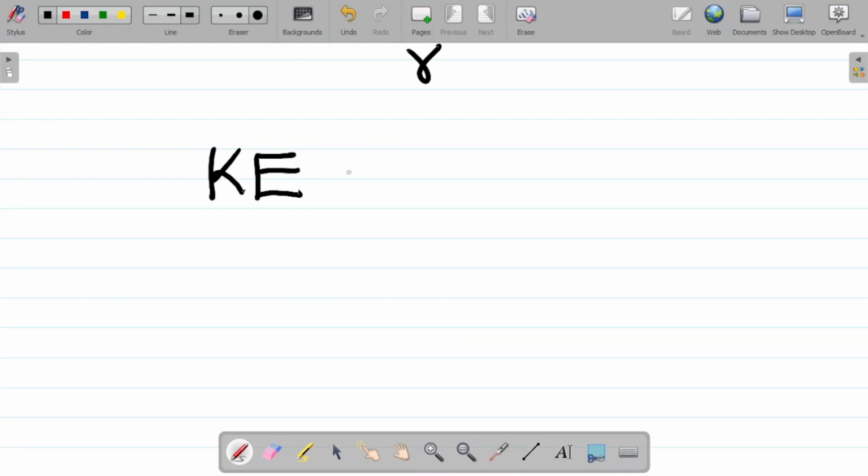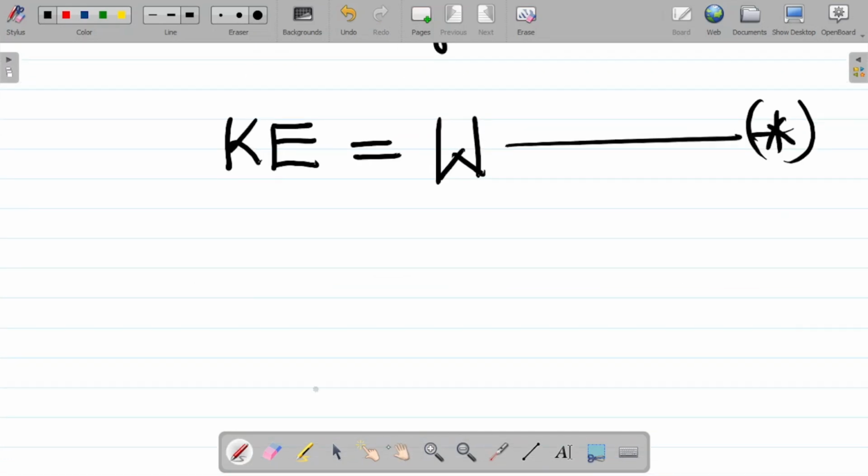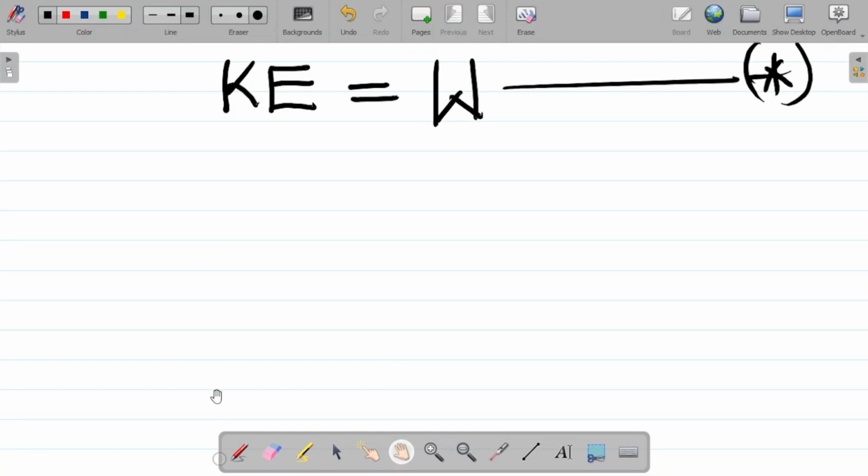So the energy possessed by a body in motion should be equal to the work done in moving the mass out of the Earth. We've already gotten a formula for work done, which is this one here. Let's call this equation asterisk if you want to. Let's get a formula for kinetic energy.